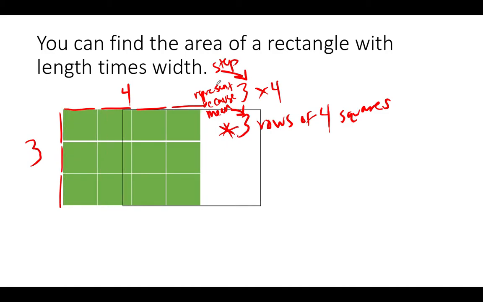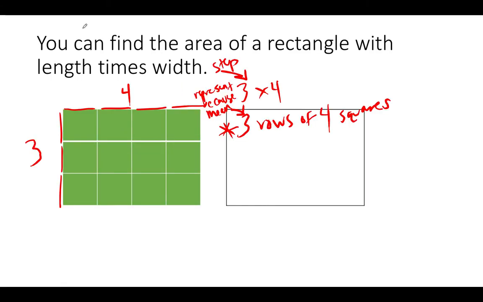Now, when we're moving to a shape like this, right? Well, and by the way, that's true even if my shape doesn't have squares drawn inside. Even if it's just the outside drawing of a shape, when I say that the length is 3 and the width is 4, there's still secretly 3 rows of 4 inside. So, here we are.